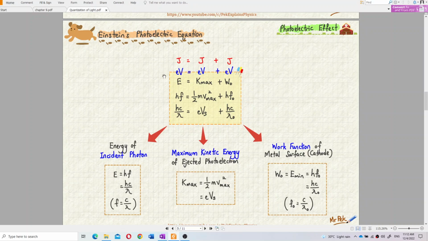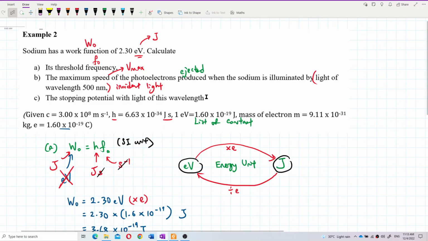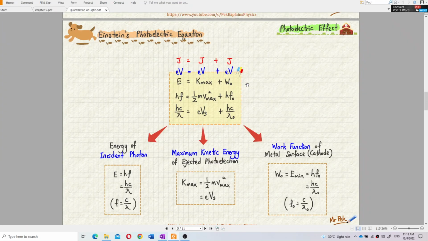But we must use this photoelectric equation. Substitute all the values like work function and the energy of the incident photon, then only you can find the value of Kmax. Once we got Kmax, we find the value of Vmax. So let's use this photoelectric equation.